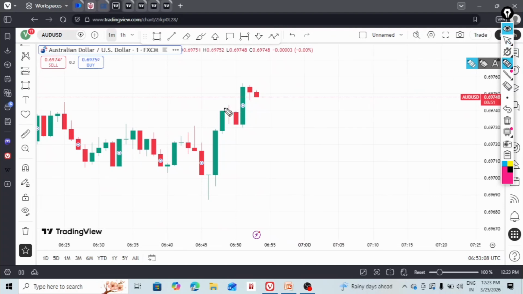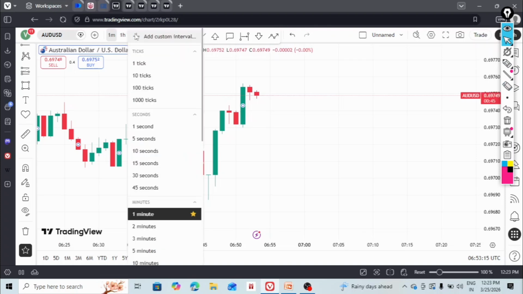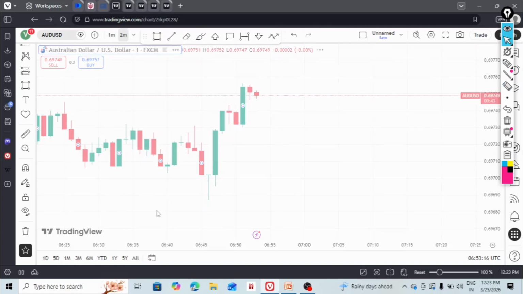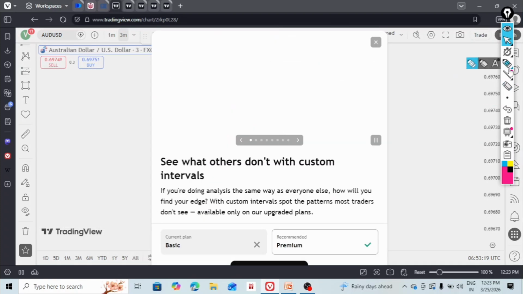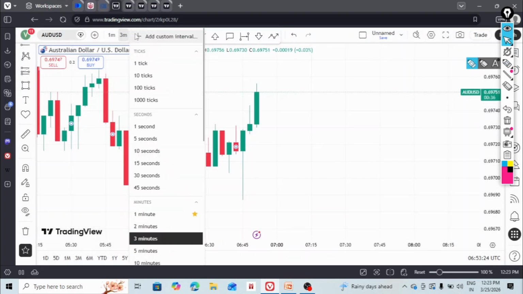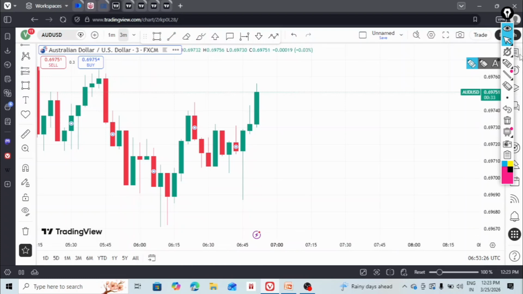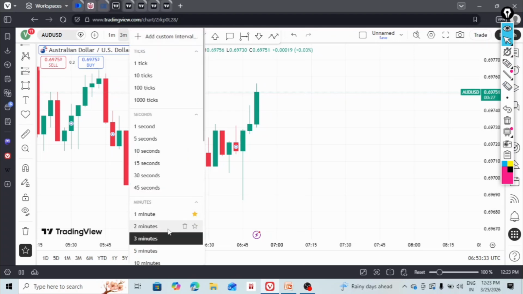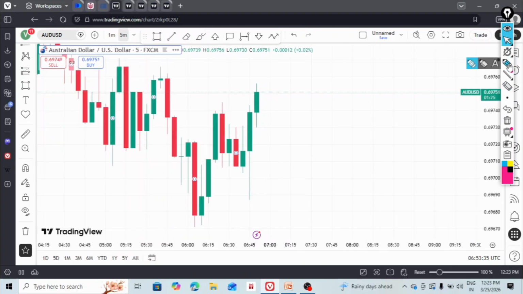If we switch the time to 2 minutes, then if we switch to 3 minutes, this one candle represents 3 minutes, and if we switch the time to 5 minutes, this one candle represents 5 minutes.